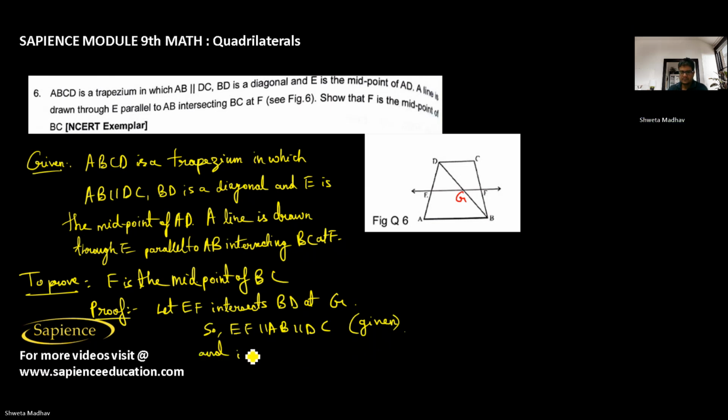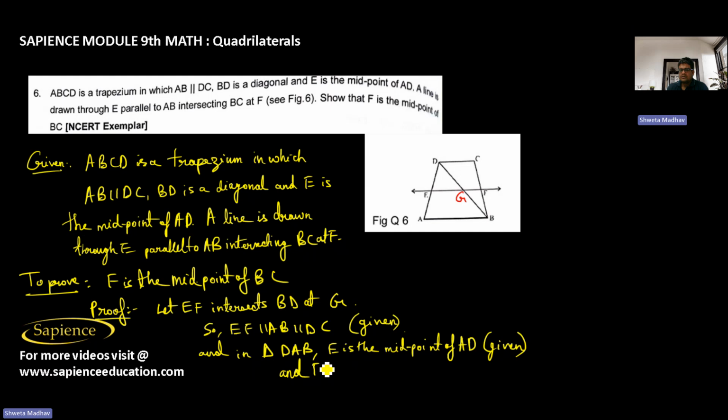And in triangle DAB, E is the midpoint of AD, which is given, and EG is parallel to AB.